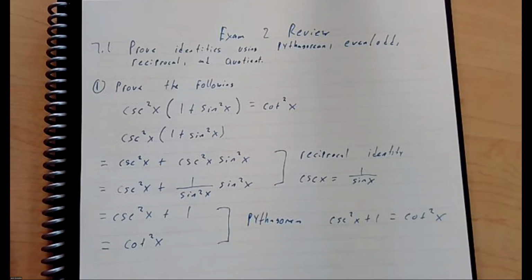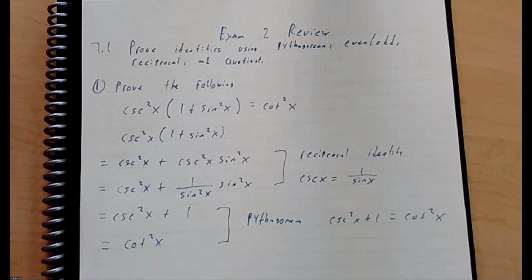Cosecant. Yeah, it should be cosecant squared minus 1, right? The question I wrote down was in here. Oh yeah, check it out.